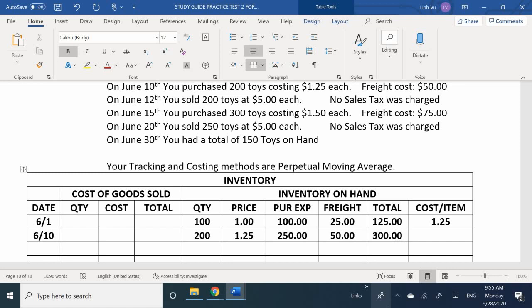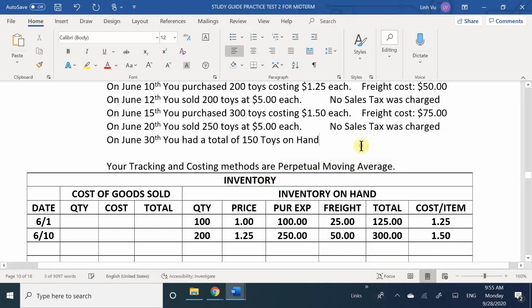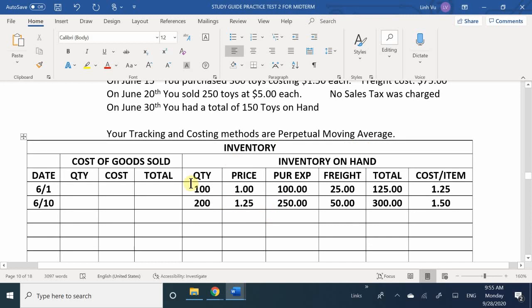Now, in this case, we know that it should be $1.50 per item, right? But in this case, we're looking at a moving average. So what is the additional step that we need to take in order to know how much inventory we actually have? The overall total cost. Okay, so what's my total cost here? 50. So far right now, that's 425.